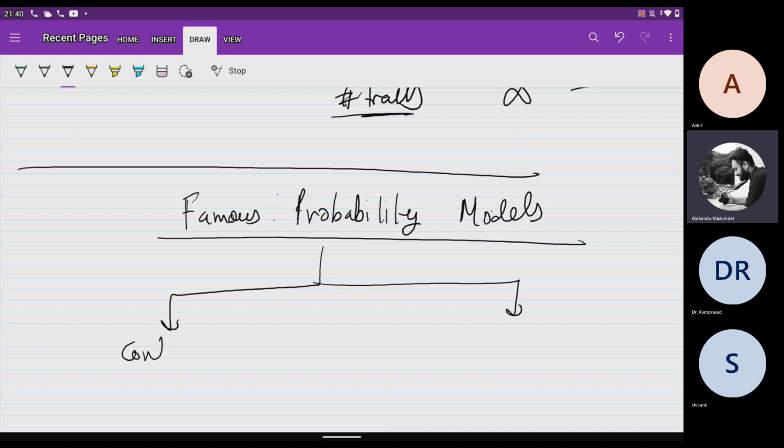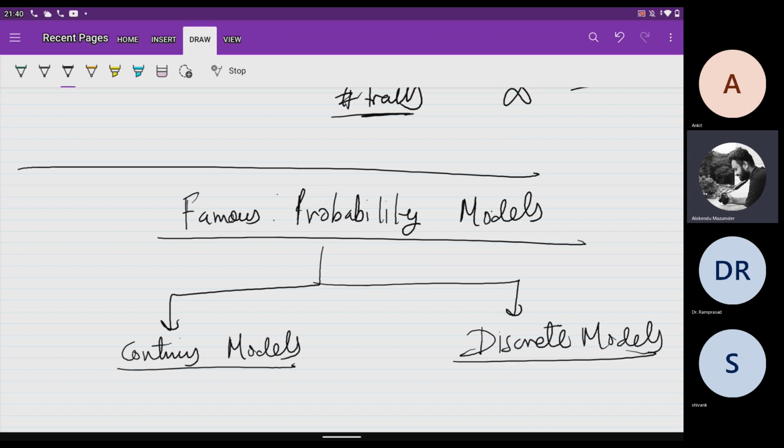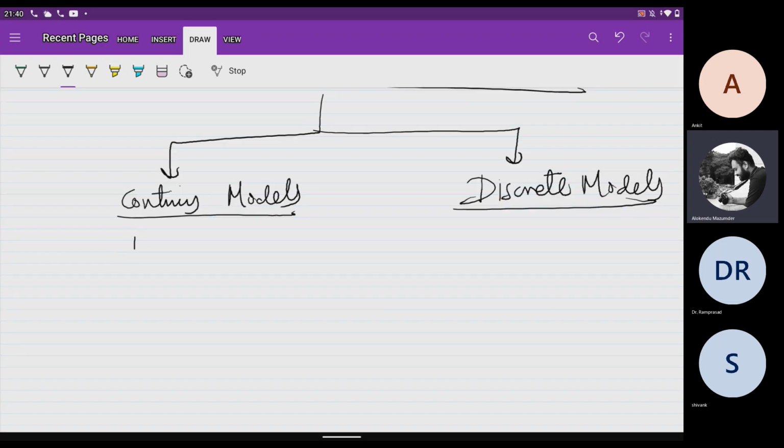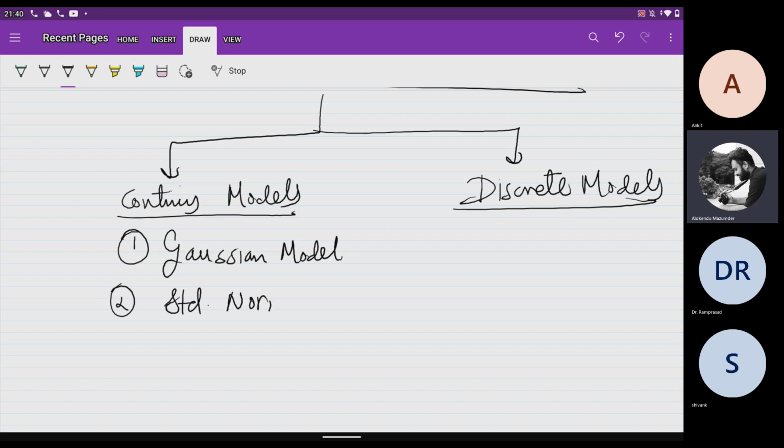It will have continuous models and discrete models. I will explain everything.